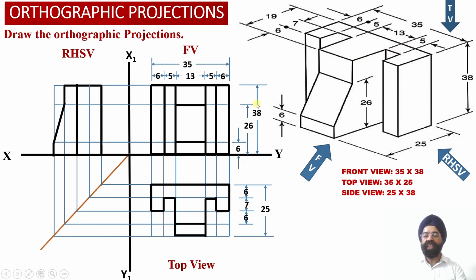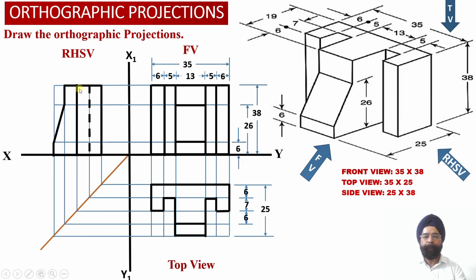So now this portion of the solid we have marked as a dotted line projection corresponding to this rectangular slot, which is available on the right hand side of the element number 2 over here. Up to this distance we have marked this dotted line, and then we can see that this total surface has been projected as a true shape projection into the profile view.